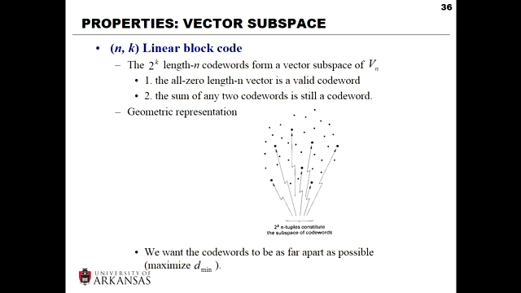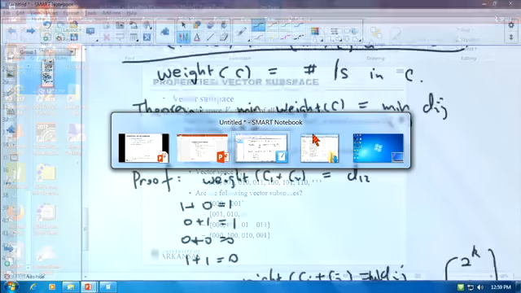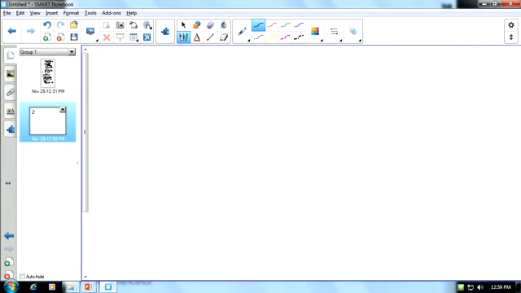So that's just a geometric representation. For an n-dimensional space, it's difficult to imagine, but we can easily do this in the 2-dimensional or 3-dimensional space. We can actually draw this.